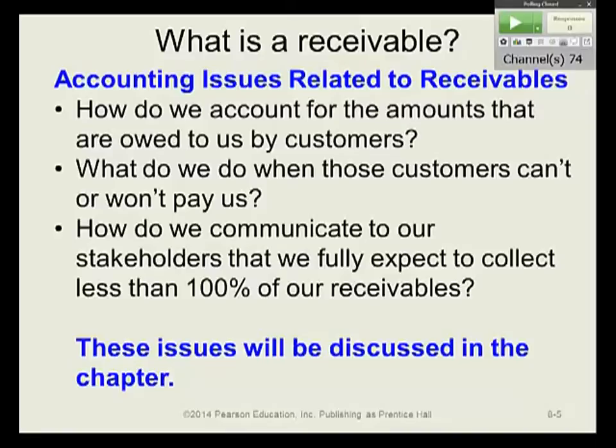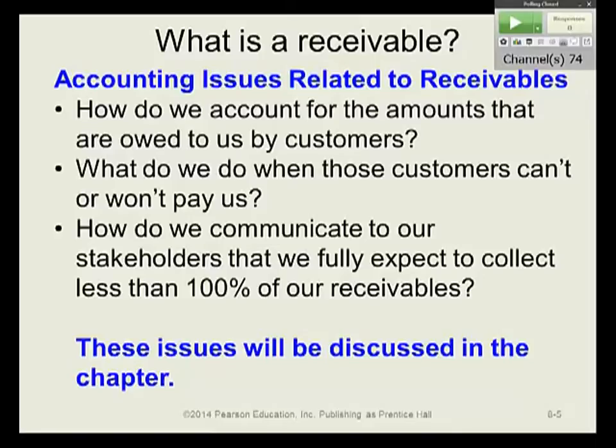And this is the cost of selling on credit. And these are the two primary concerns we have. How do you properly value the receivable, and how do you measure that bad debt expense?